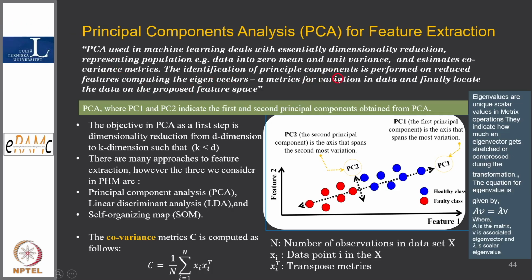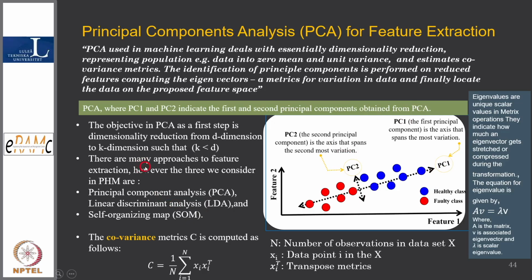The identification is performed on the reduced features by computing the eigenvectors. Okay, I'll tell you what an eigenvector is. It is a matrix for variation in the data, because the standard deviation can be some part, and finally we locate the data in the proposed features. PC1 and PC2 indicate the first and second principal components obtained from PCA.